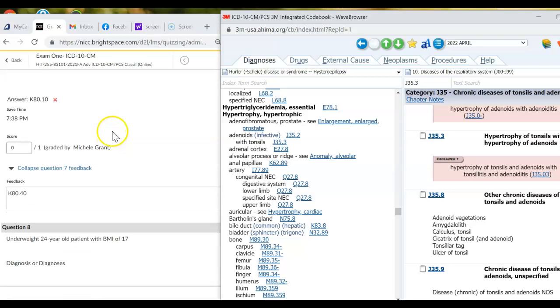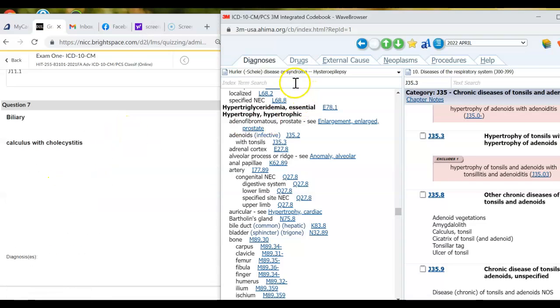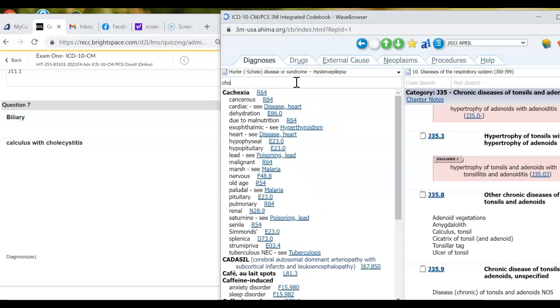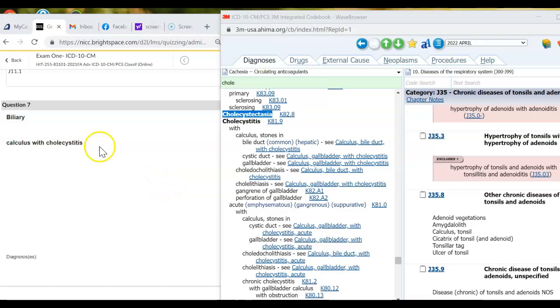Calculus with cholecystitis. This should have been K80.40. So if I go into, remember this one kind of takes you all over. So you're going to go to cholecystitis with calculus.